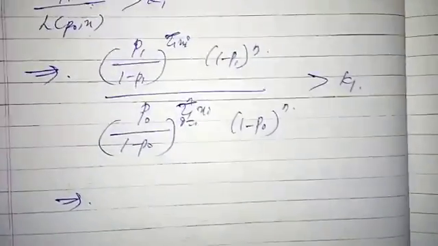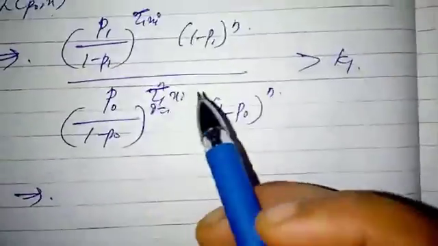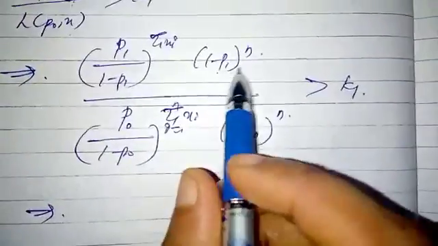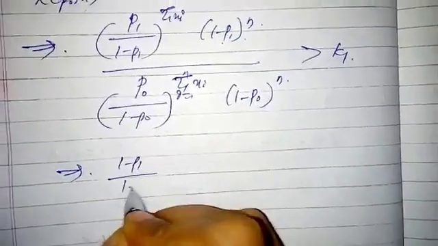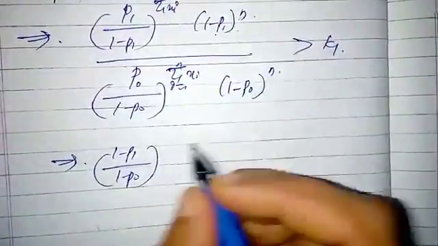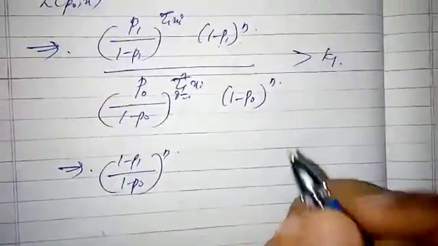Which implies we can write these terms as 1 minus p1 divided by 1 minus p naught, power n.